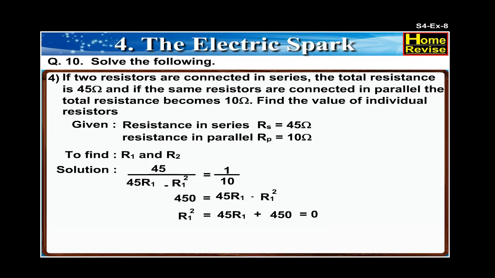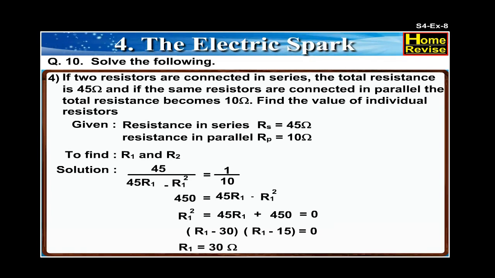R1 square minus 45 R1 plus 450 equals 0. R1 minus 30 into R1 minus 15 equals 0.